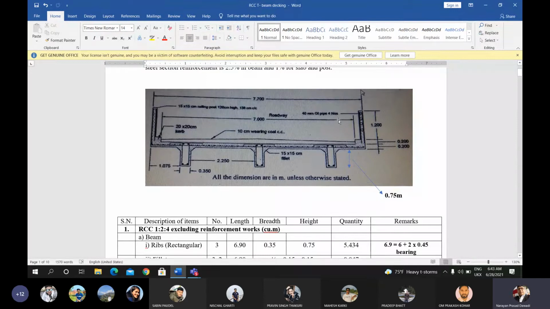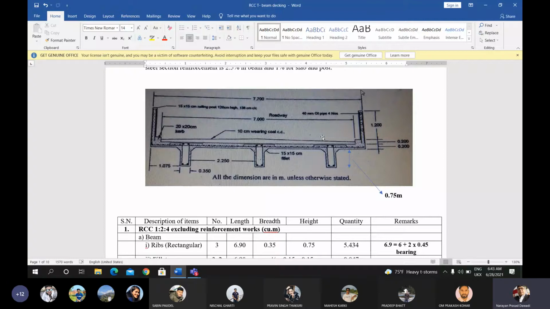These are the portion of the 40 mm GI pipe, 4 numbers. Okay, these are the portion of the railing post. In the railing post, the railing is done by using the 40 mm diameter galvanized iron pipe.